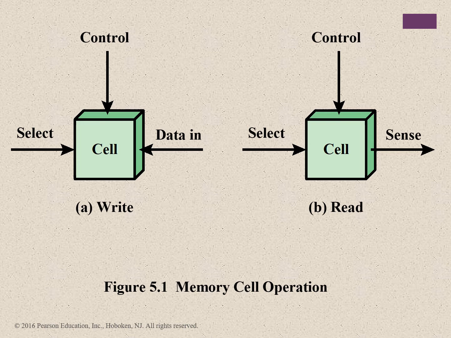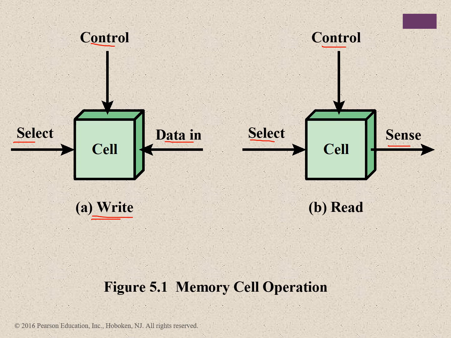Here you have a select, you have data in, and then a control signal. This is for the write operation onto the memory cell. And for the read operation, you have the select, control, and the sense. And you need to move the data out of the memory cell.